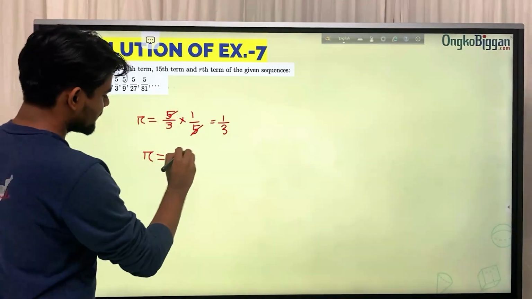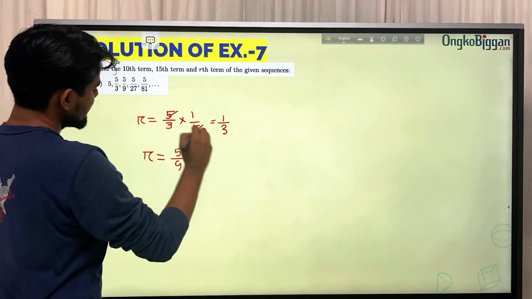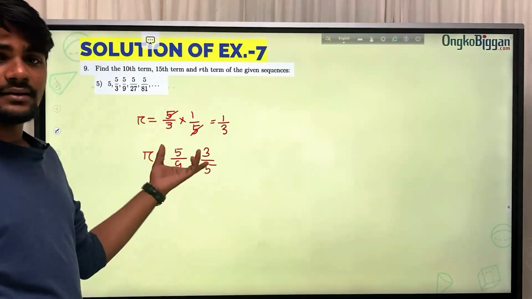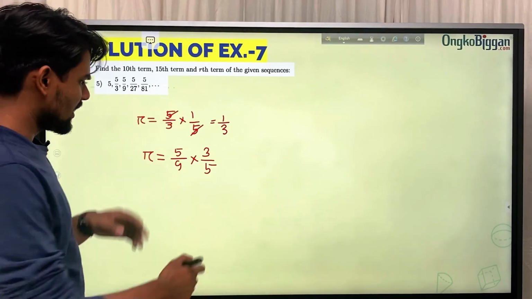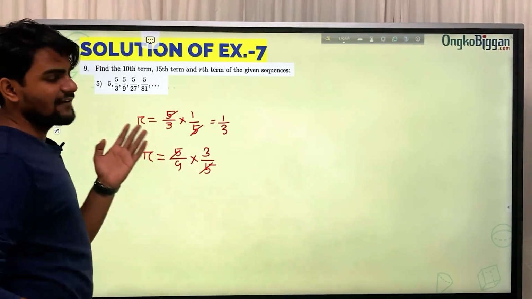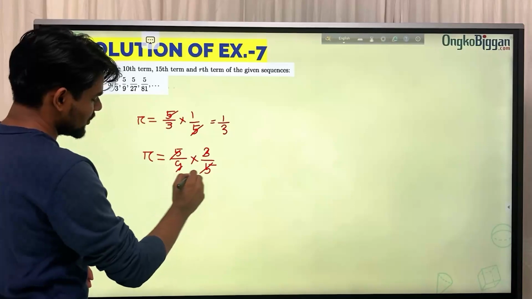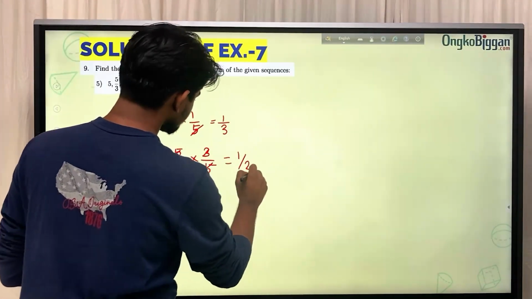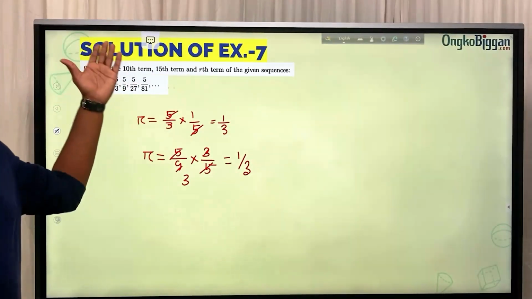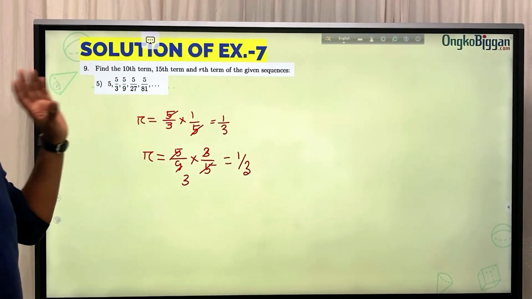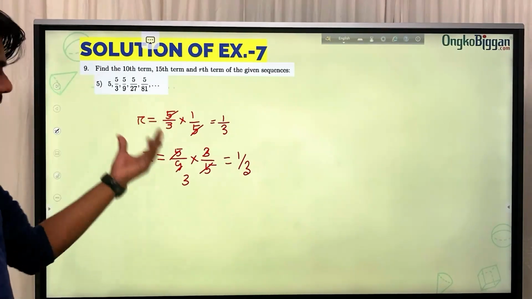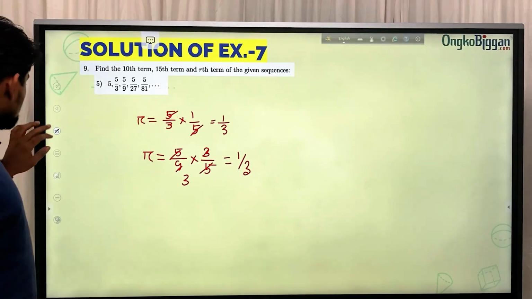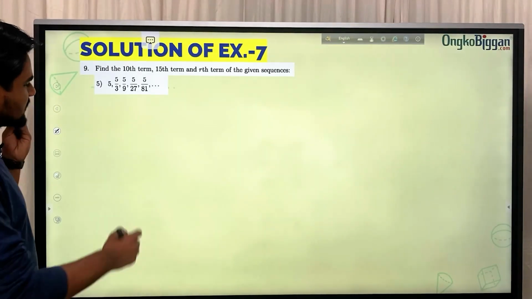So 5 by 9 into 3 by 5, because it is 5 by 3, and if I divide it, it becomes inverse, that is 3 by 5, and 5 gets cancelled out, and 3 gets cancelled, and we are left with 1 by 3. So we can see that there is a common ratio in between each consecutive term, and that ratio is 1 by 3.